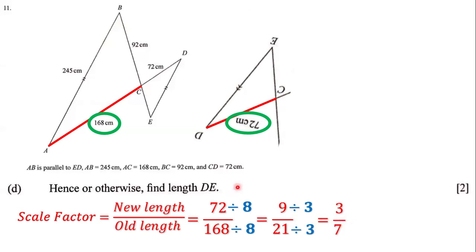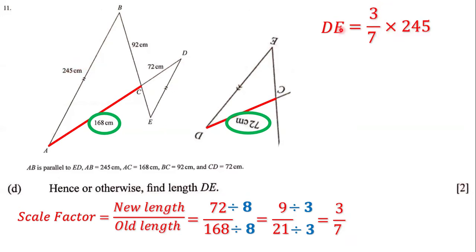And what we want to find is DE. DE is definitely here and here. We realize that this same DE corresponds with BA or AB. So in answering the question, we could use the scale factor and multiply it by 245. So DE is going to be 3 over 7, the scale factor, multiplied by 245.